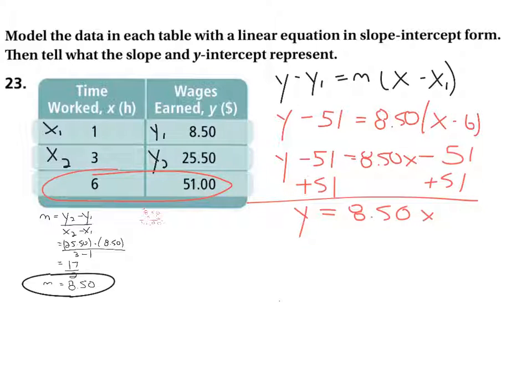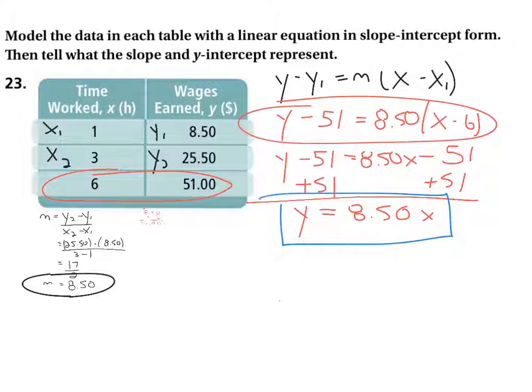So this is the equation that we wrote in point-slope form, and this is what it is in slope-intercept form, which is what they wanted us to do. And then tell what the slope and the y-intercept is and what it represents.